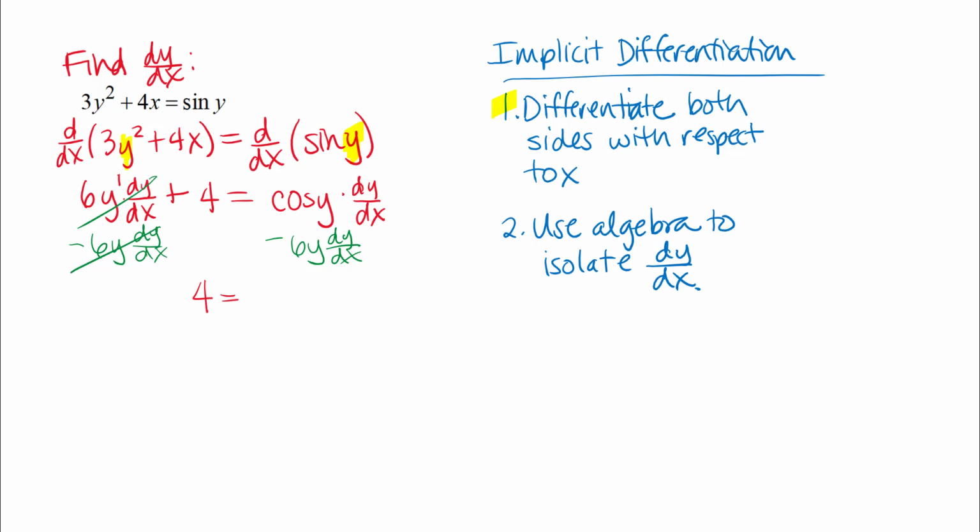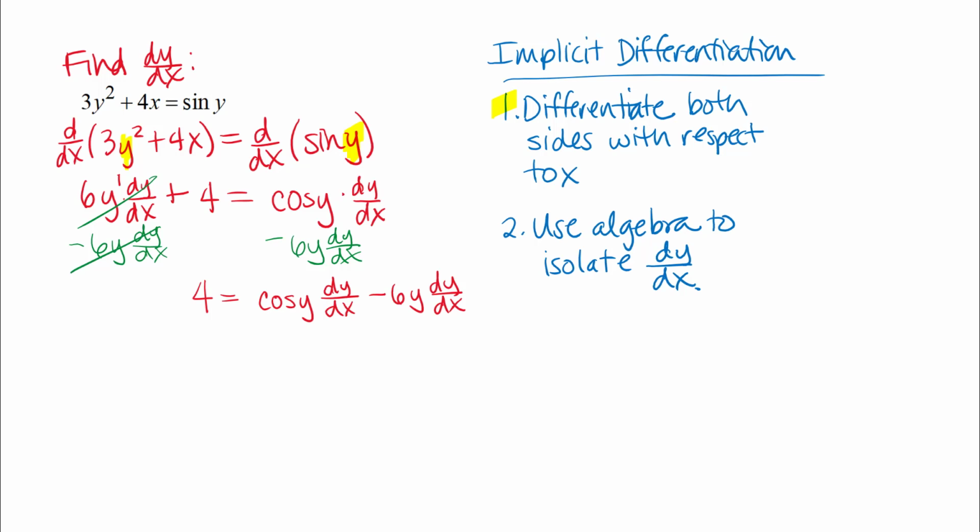Okay, so on the right side here, I can write these terms in either order. I'm just going to write the cosine y times dy dx term first, and then minus 6y times dy dx. Okay, so that algebra is pretty much the same every time. When I use that algebra to isolate dy dx, one step is to add or subtract terms so that I get all the dy dx terms on one side and all the other terms on the other side.